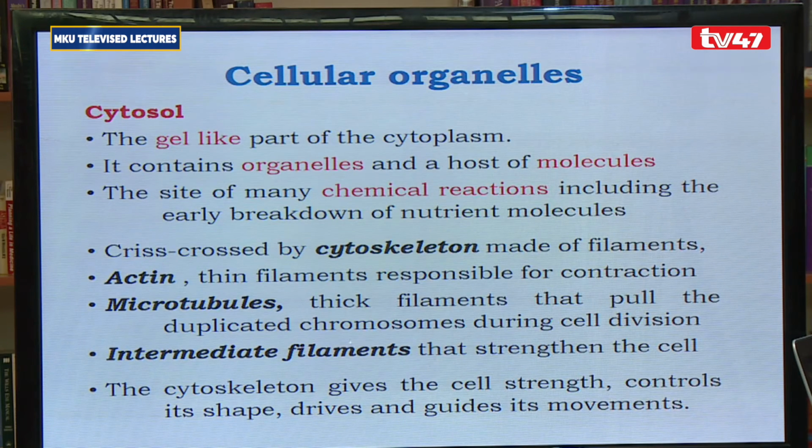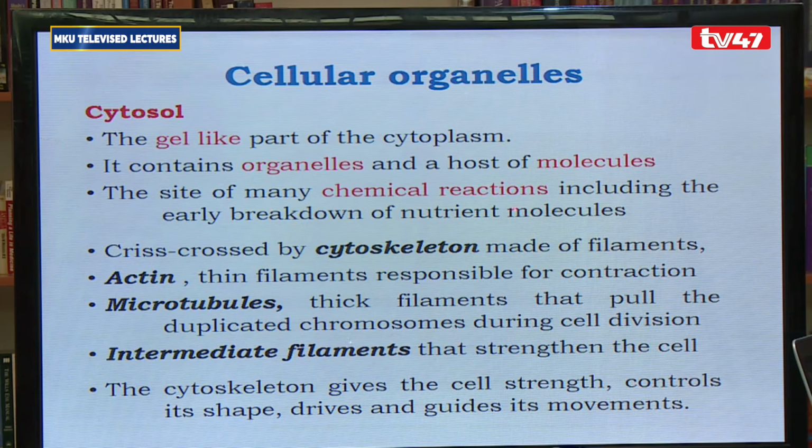Lastly, we have the cellular component known as the cytosol. Now, cytosol is not necessarily an organelle, but it is the gel-like part of the cytoplasm. This is the part where the other organelles and other substances float, outside the nucleus and inside the plasma membrane. It contains organelles and a host of molecules, like I mentioned earlier.